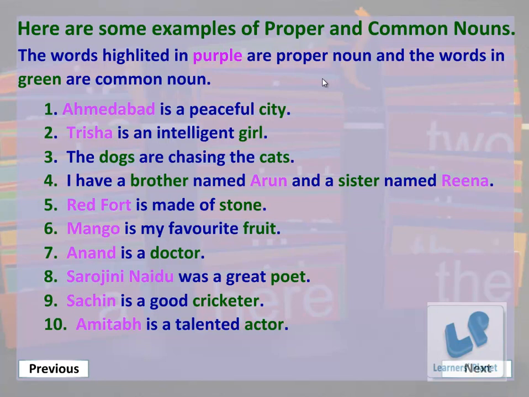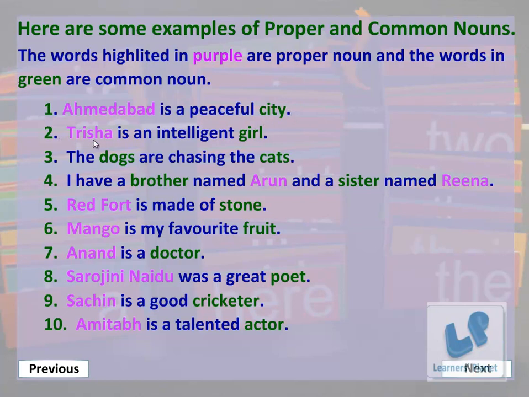The words that have been highlighted in purple are proper nouns, whereas the words highlighted in green are common nouns. Now let's read these examples. First, Ahmedabad is a peaceful city. Ahmedabad over here is the name of the place, that's why it's a proper noun, whereas city is a common term, that's why it's a common noun.